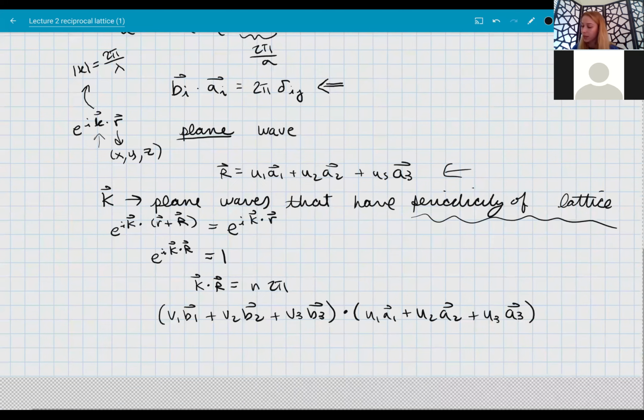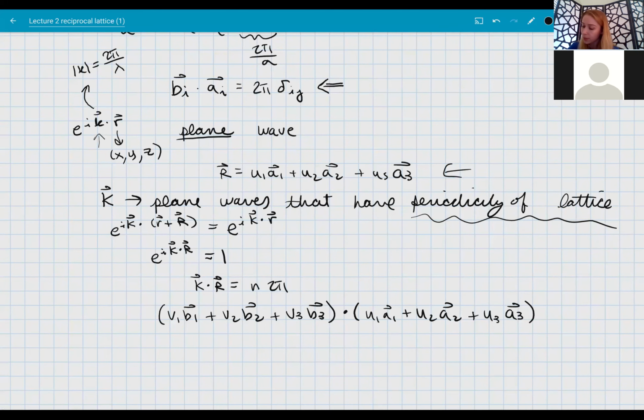And if we work this all out, keeping this equation right here in mind, then we basically get 2 pi times v1 u1 plus 2 pi times v2 u2 plus 2 pi times v3 u3.